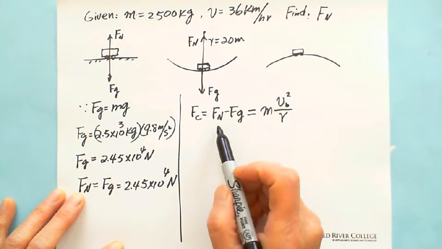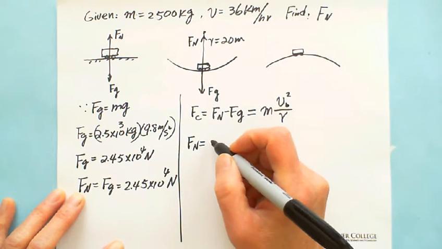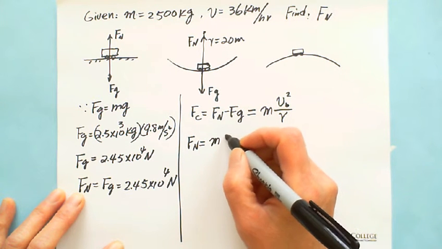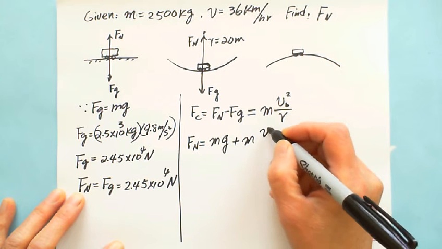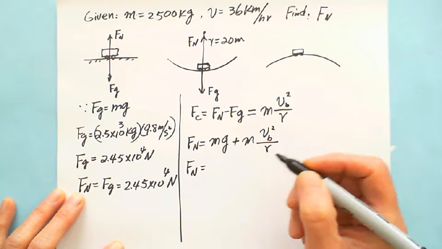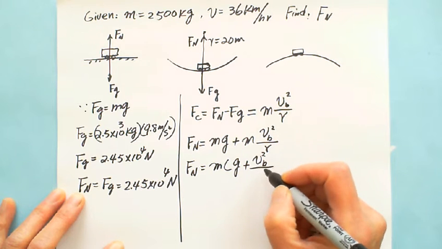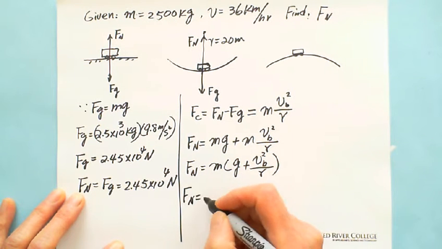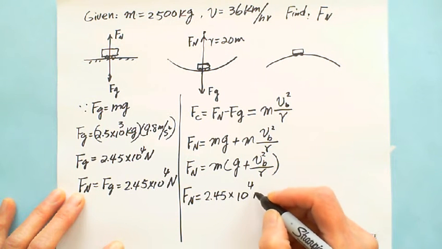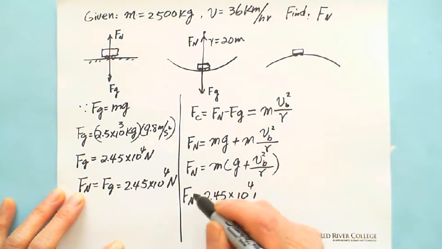Then we can calculate the normal force. Moving Fg to the other side, and because Fg equals mg, the normal force equals mg plus mv squared over r. Pulling the m out, the normal force equals m times g plus v squared over r, and we can plug numbers in.